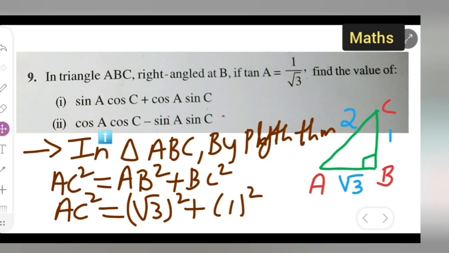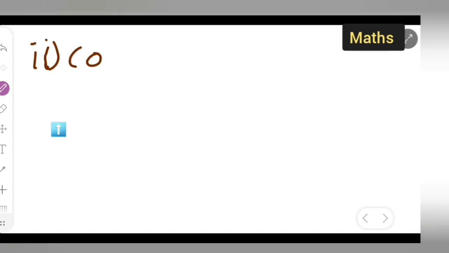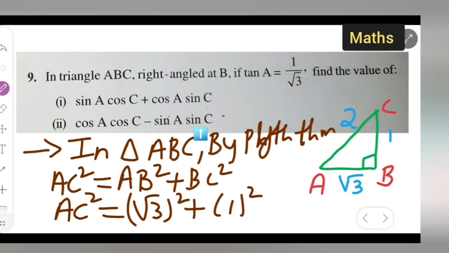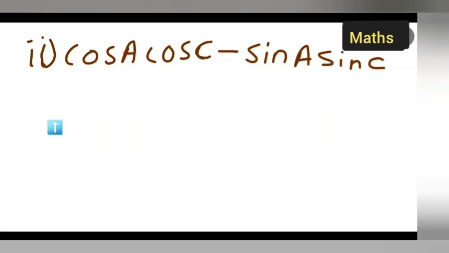Let us find out cos A cos C minus sin A sin C. So let us find out the second part. What is the question? Cos A cos C minus sin A sin C. Okay, so let us find out this.